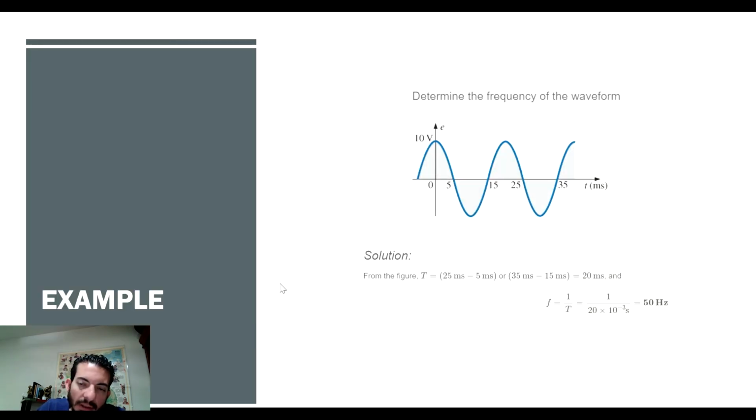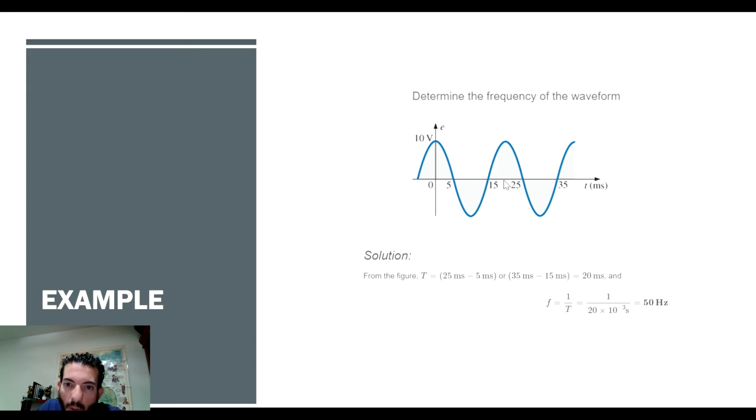Another way that you could have done this is the same thing. This is the simplest. You're simplifying and saying, okay, one cycle took 20 milliseconds. But another way you can do this is, okay, what's the total amount of seconds and the total amount of cycles? So we're going to start from 0, and we're going to go all the way to the same point at, this is going to be 40 milliseconds.